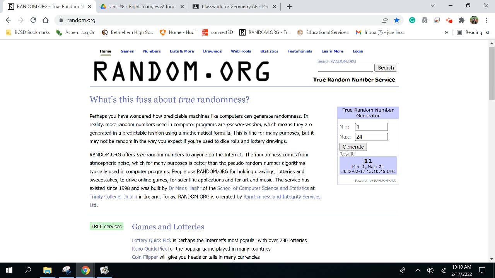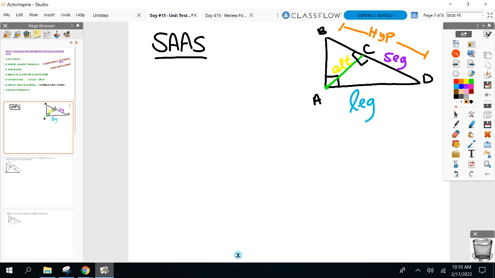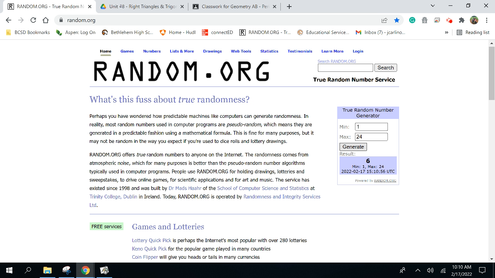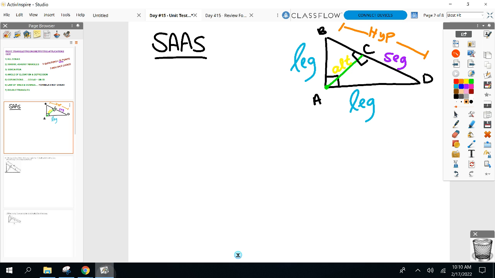Couple more. BA. Leg. Yeah. Can't fool you guys. Single digits today. BC. All right. So everyone's all good with the different parts of this diagram when I use Hills or SAS.